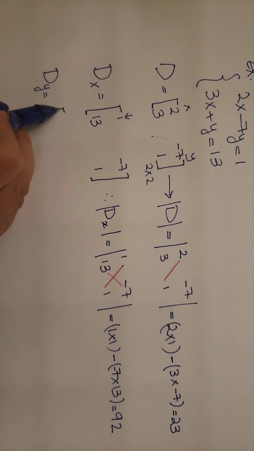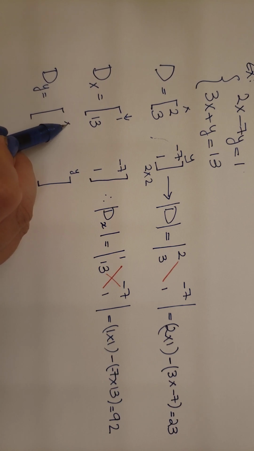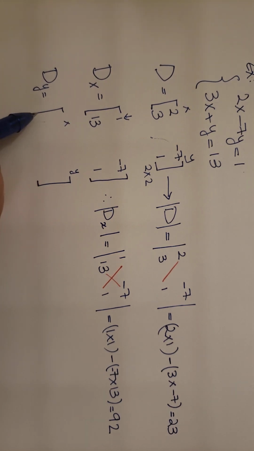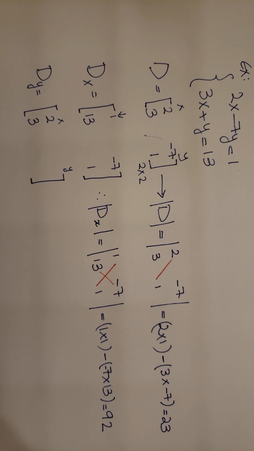Step 3 would be forming dy. First I form the matrix, then I form the determinant. So here y is the second variable. The first column doesn't change, so it would be 2 and 3, but the second column would be replaced with the constants, which are 1 and 13.